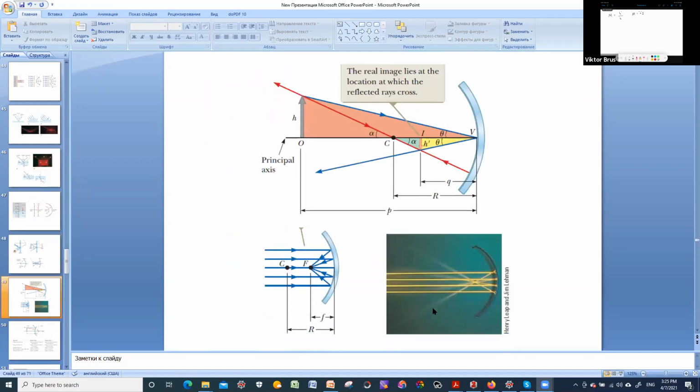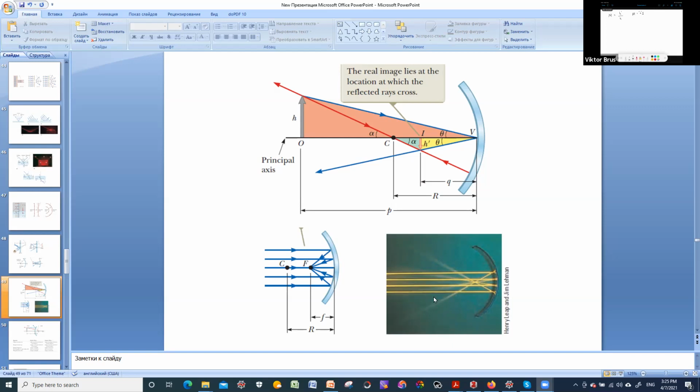So let us talk in more detail about the formation of images with such a concave spherical mirror.